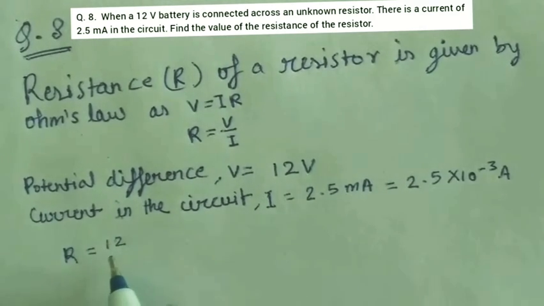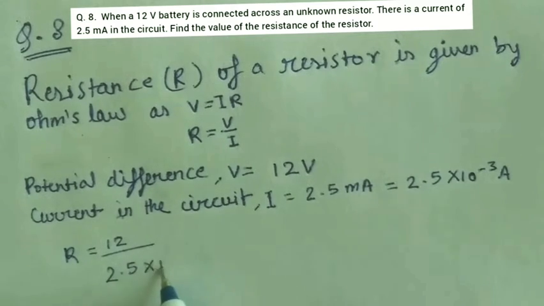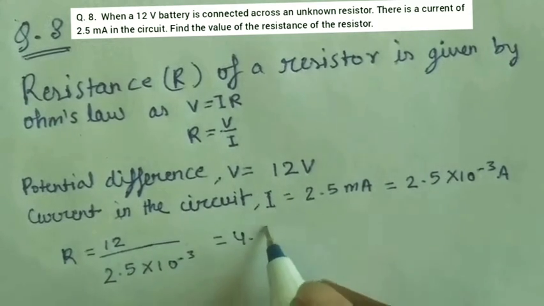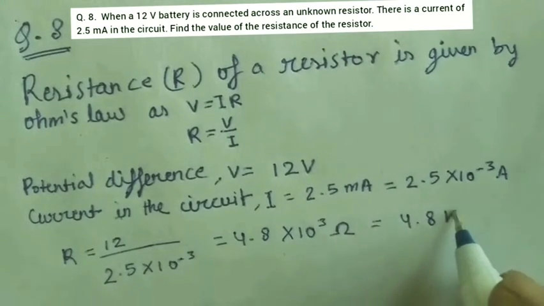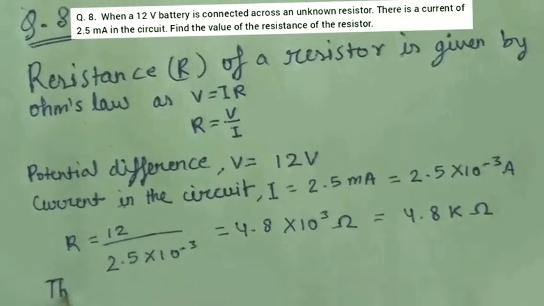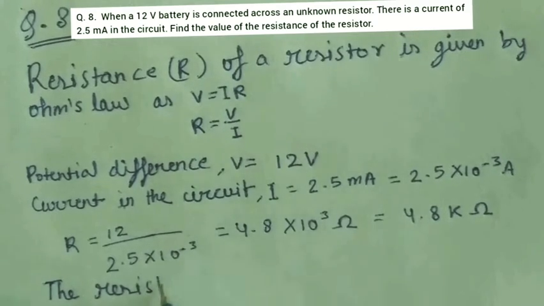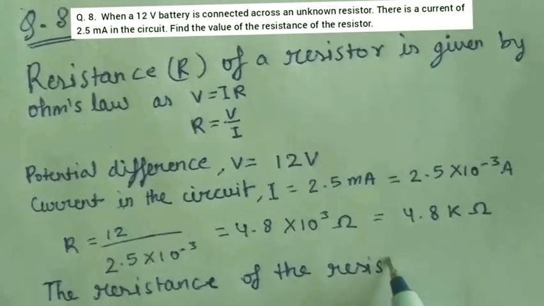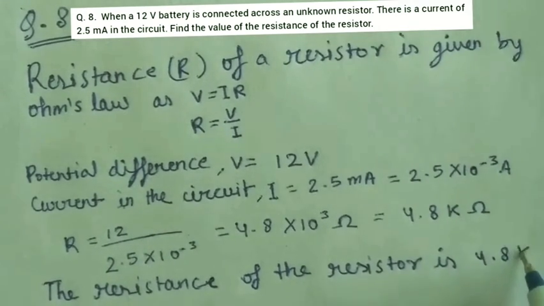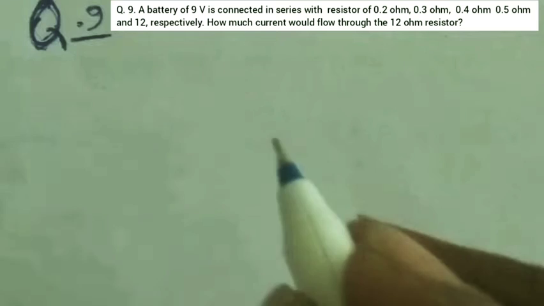R is equal to 12 upon 2.5 into 10 to the power minus 3 is equal to 4.8 into 10 to the power 3 ohm is equal to 4.8 kilo ohm. The resistance of the resistor is 4.8 kilo ohm. Question number 9.